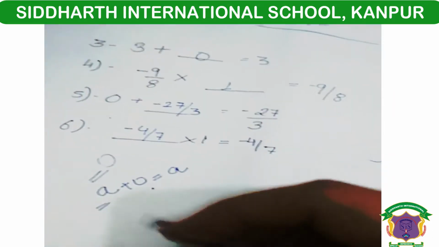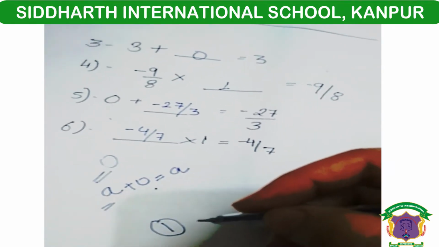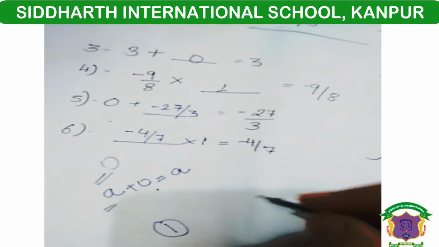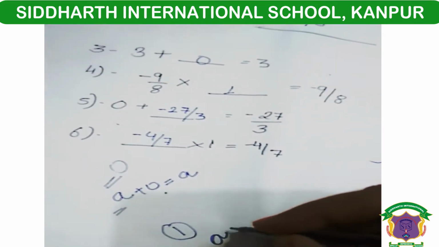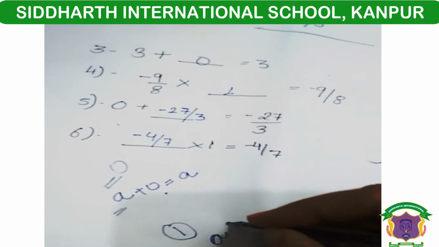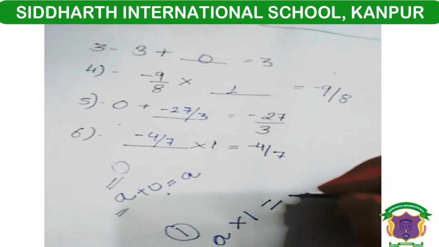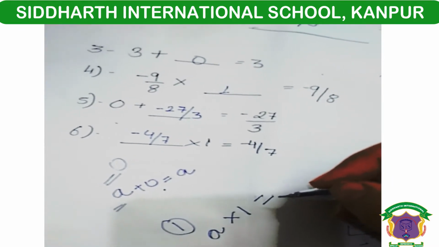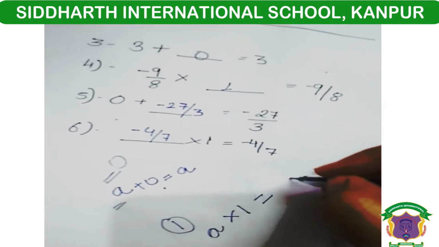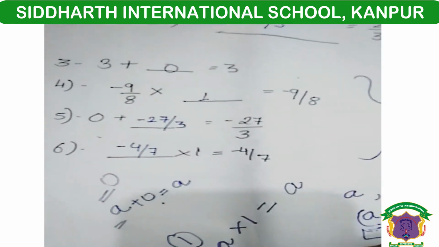Now we are considering here your property for 1. I told you the special thing about 1 is we take any number, let's say A, and multiply it with 1. What answer are we going to get children? We are going to get the same answer as the original number we have taken.